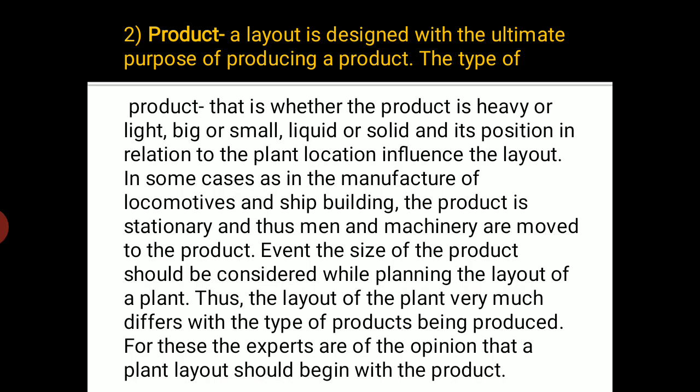Like locomotives and shipbuilding, the product is stationary and thus man and machinery are moved to the product. See, in the further part of the unit we will check out the different types of layout. In that we will see static layout or stationary layout, in which the product stays as it is, there is no change, but the facilities keep on moving around the product. See here, the best example to understand that is shipbuilding.